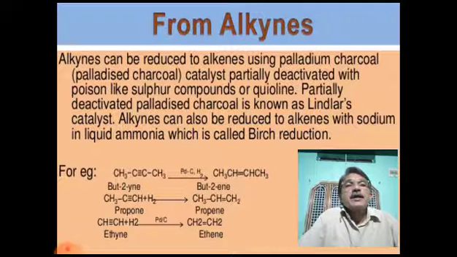Anyhow, by reduction of alkynes, alkenes can be obtained. For the process of reduction, we can use palladized charcoal as a catalyst. Otherwise, we can also use sodium in liquid ammonia as a reducing agent.